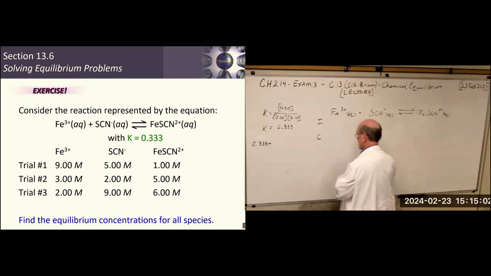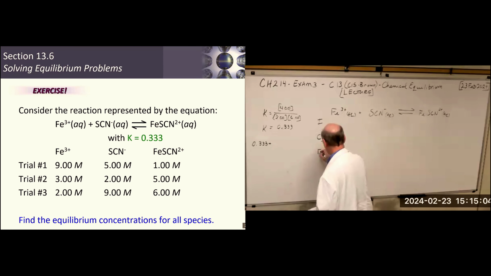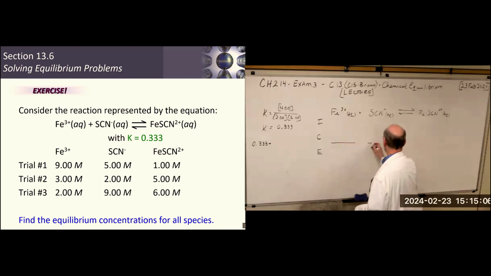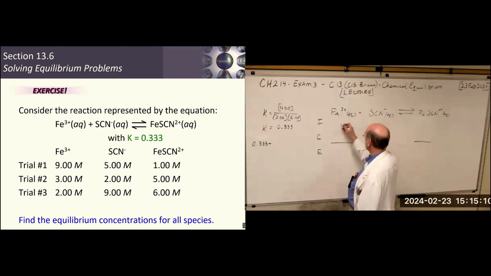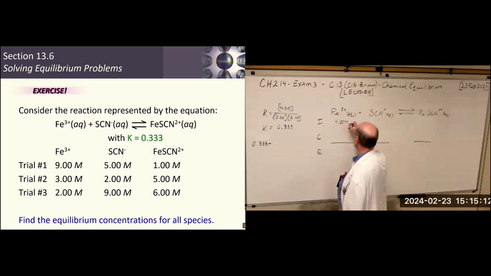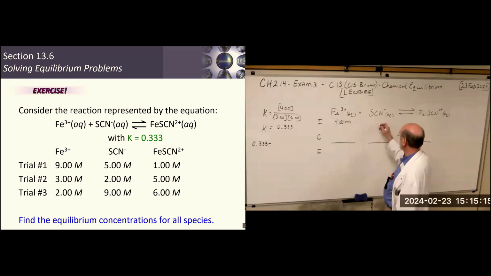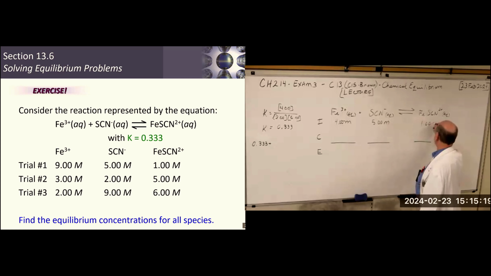So our first example is 9 molar here, and then 5 and 1 molar. Okay. So let's calculate a Q for those values.